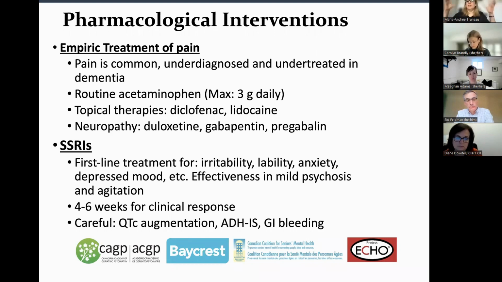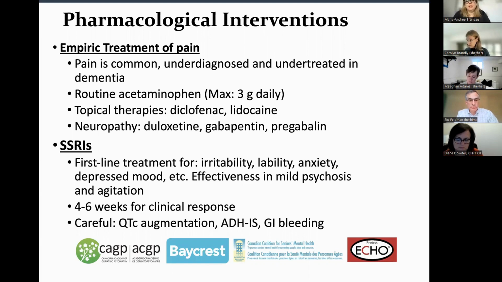They examined the level of agitation of patients, and just with the acetaminophen regularly, agitation decreased. So it speaks to the underdiagnosis and undertreatment of pain in those patients. One needs to think also about topical therapies and treatment for neuropathic pain.